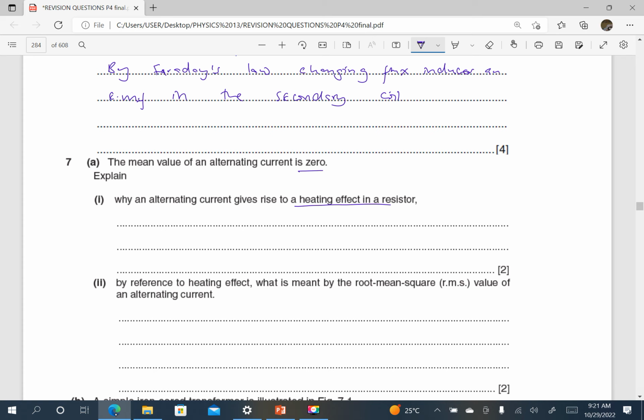The heating effect in a resistor is proportional to I squared, or depends on the square of current, and I squared is always positive. So there is a heating effect.